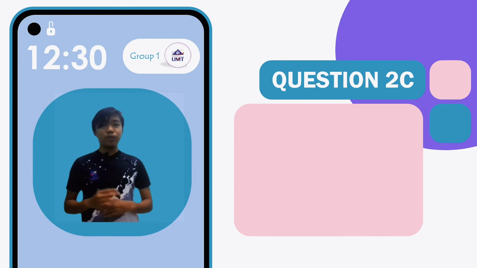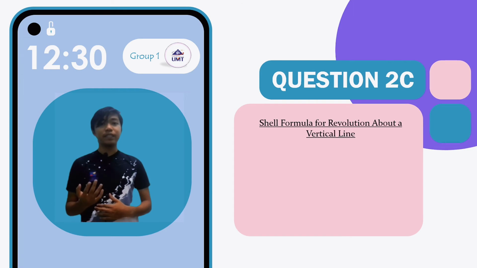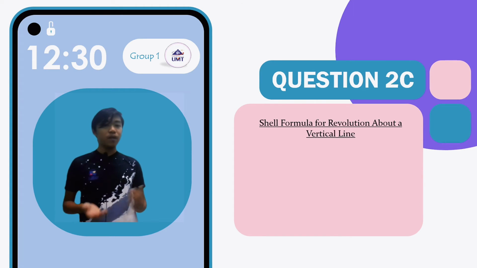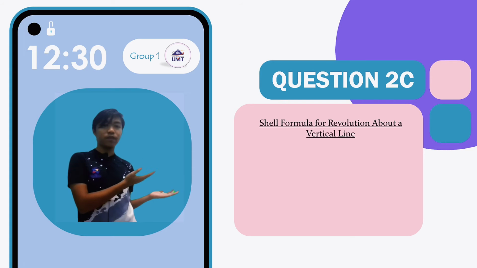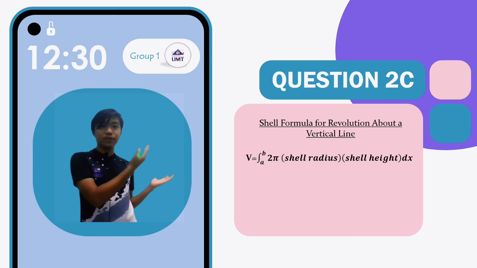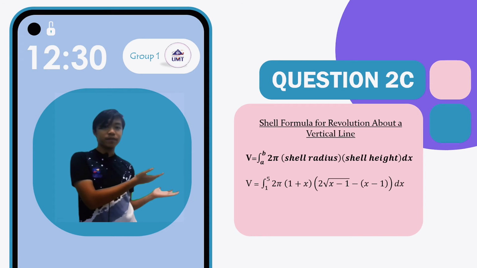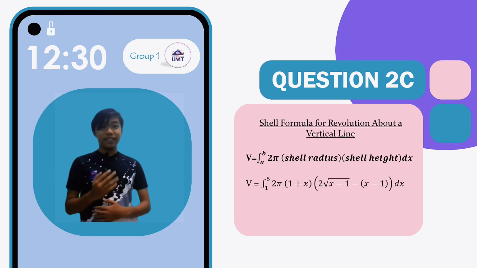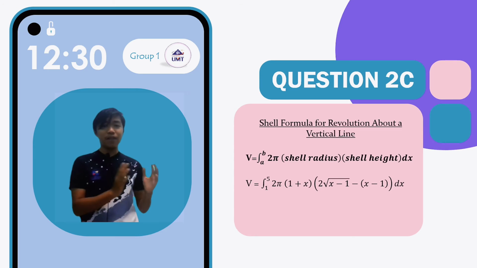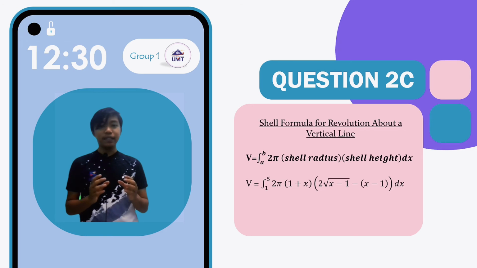After that, we put all the information that we have into the shell formula for revolution about a vertical line. The volume formula for the shell method gives us V equals. Since 2 pi is a constant, we can take it out of the integral. We expand both expressions together to get the final form.